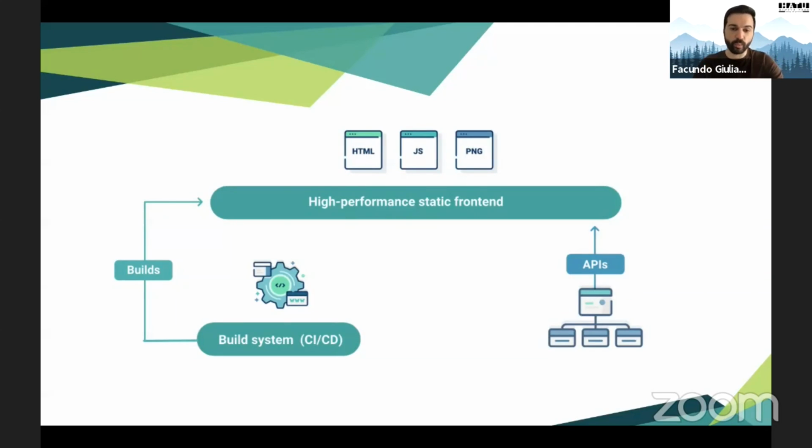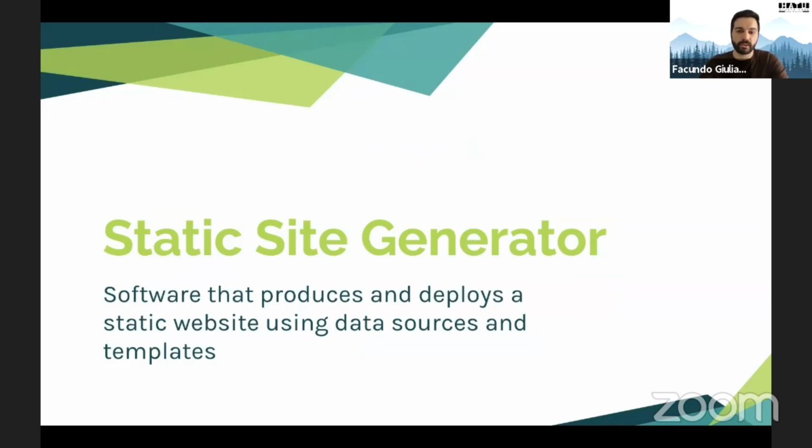But as I said, we have different tools and different alternatives of services that we can use to help us to create applications following the Jamstack approach. One of these tools is the static site generator, which is a software that produces and deploys a static website using data sources and templates.